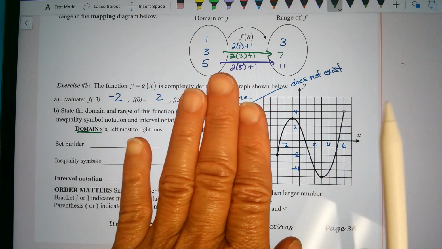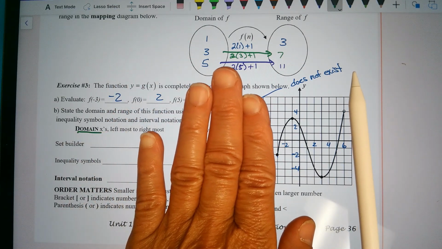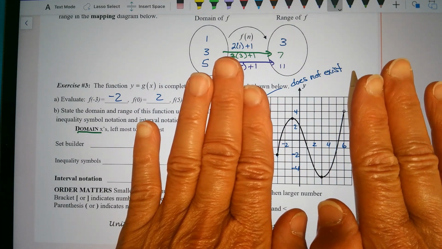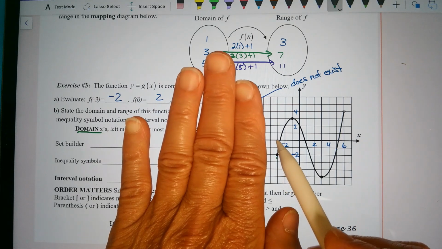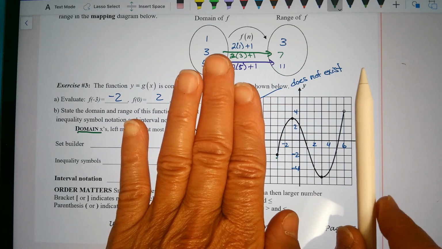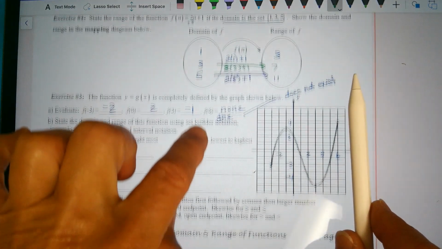Left to right. So I'm looking at just from here to here. And what's our leftmost x? It's this, which is negative 3. And our rightmost x, follow it down to the x, is the 6.